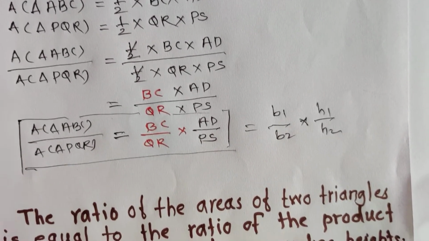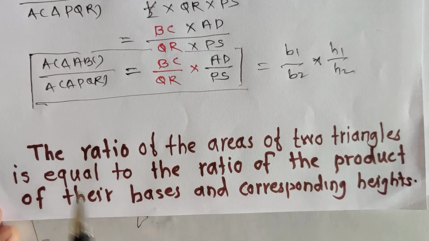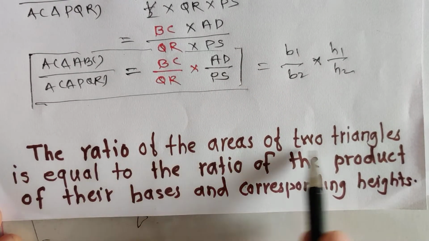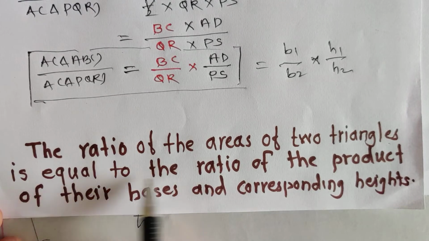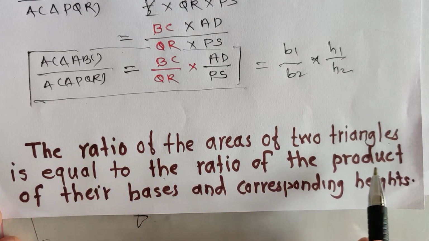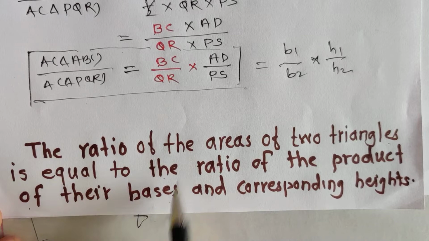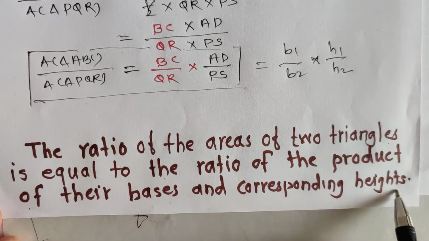So here we can write the first property: the ratio of the areas of two triangles is equal to the ratio of the product of their base and corresponding heights.